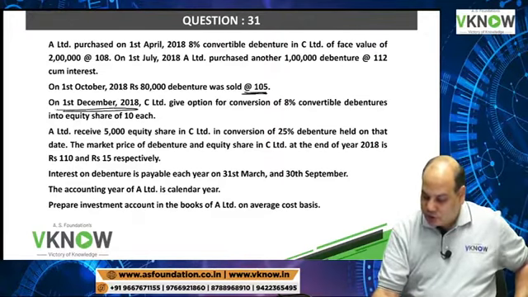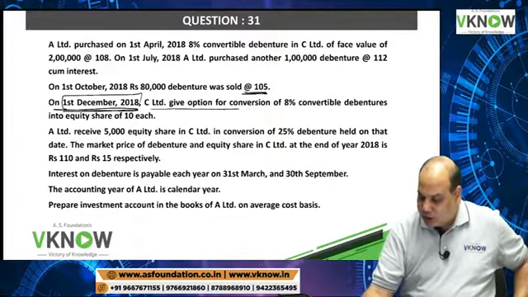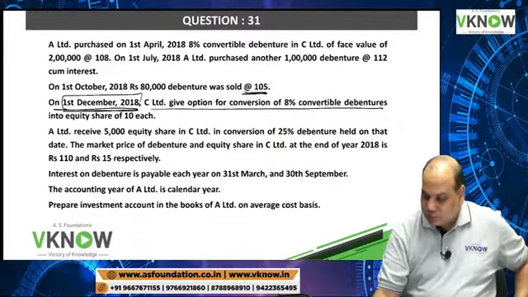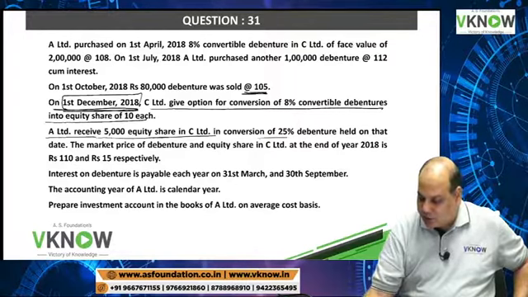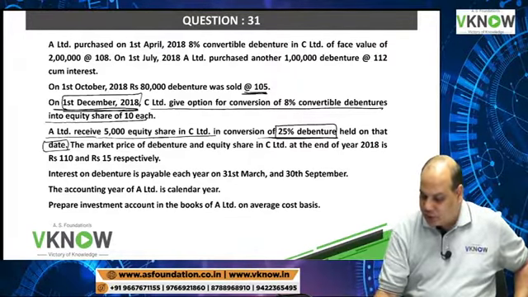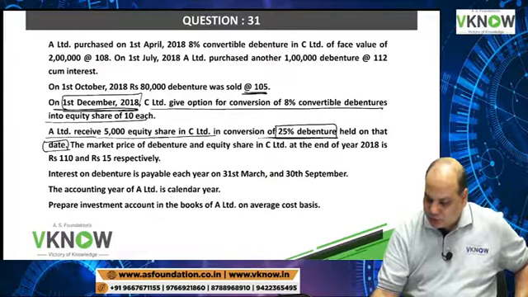Then on 1st December 18, C Limited gave an option for conversion into equity share. A Limited received 5,000 shares in B Limited in conversion of 25% debenture held on that day. So let us check how many debentures will be converted into shares.